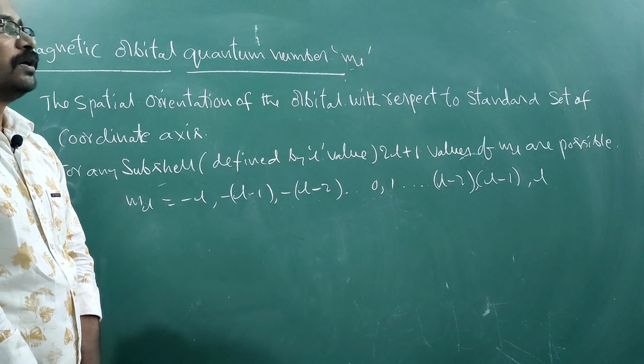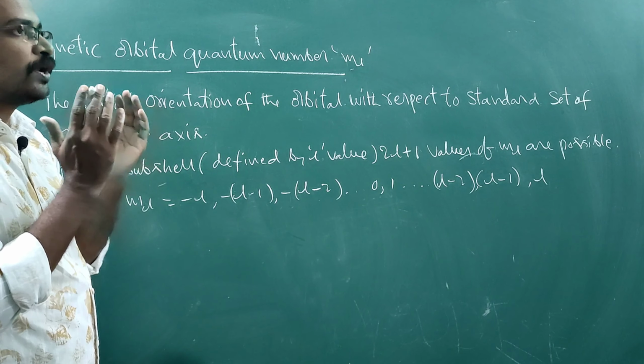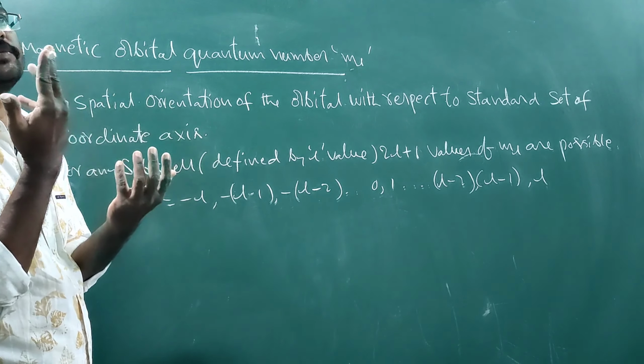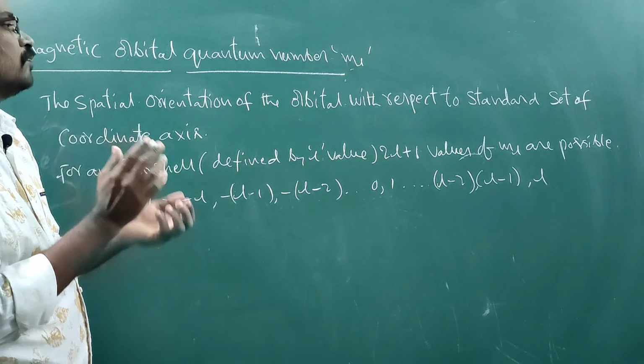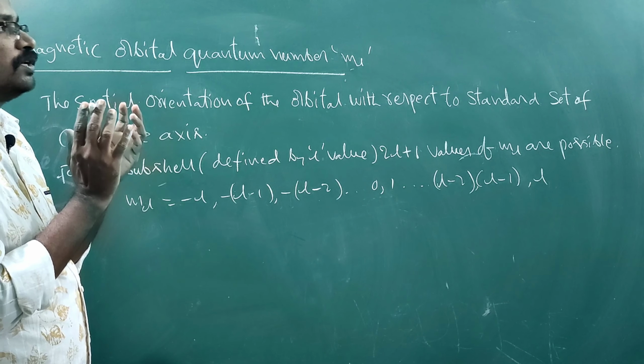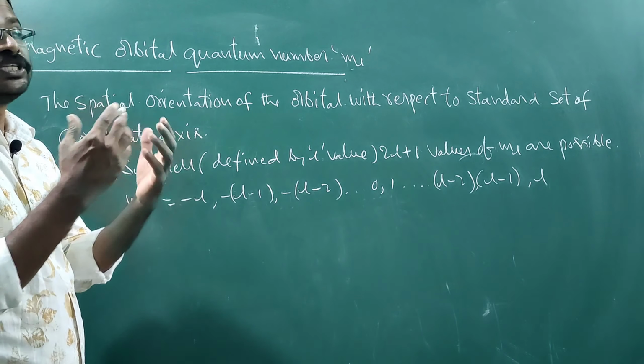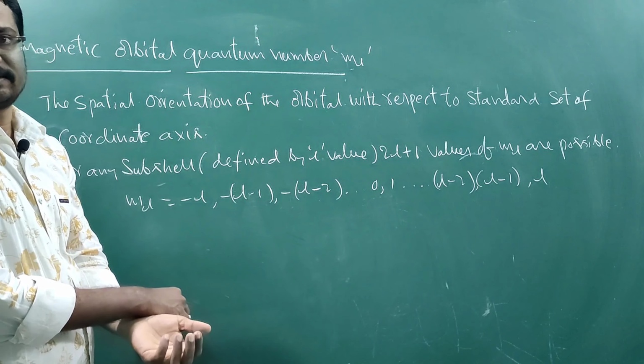We know the orbital's orientation with respect to the x-axis, y-axis and z-axis, so in which direction the orbital is oriented.